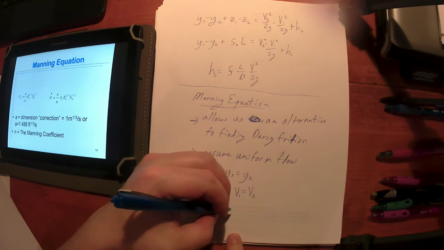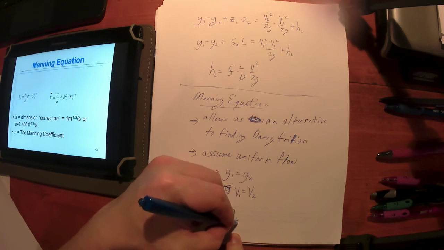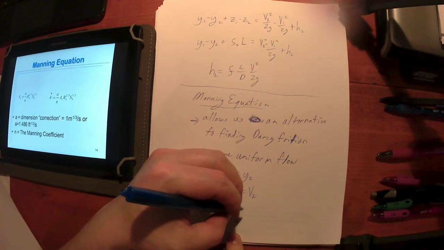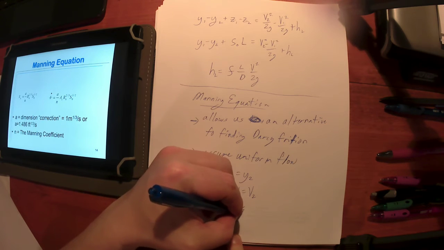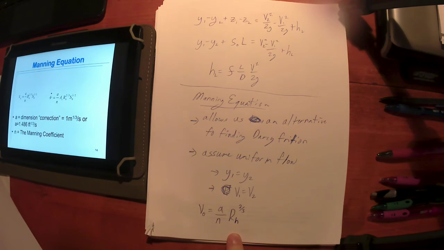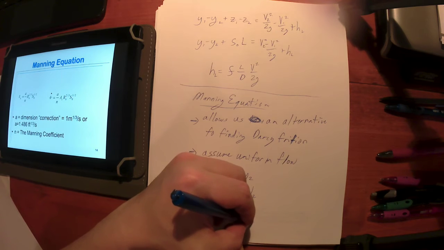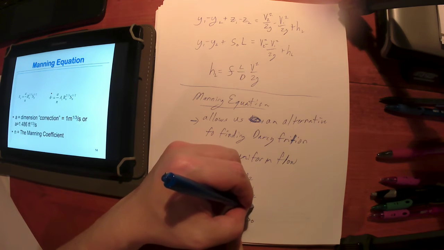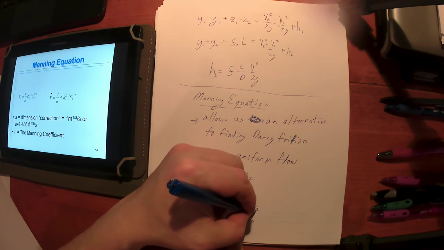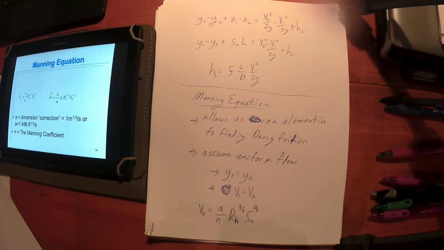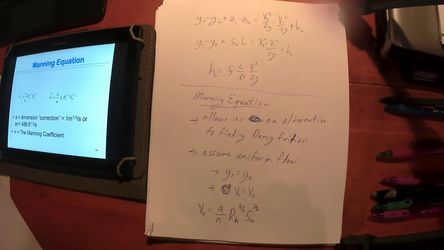So A over N times the hydraulic radius raised to the 2/3 power times the bottom slope raised to the 1/2 power, or square rooted. So the square root of the bottom slope, the hydraulic radius squared, and then the third root, or 2/3 power, and then A over N.